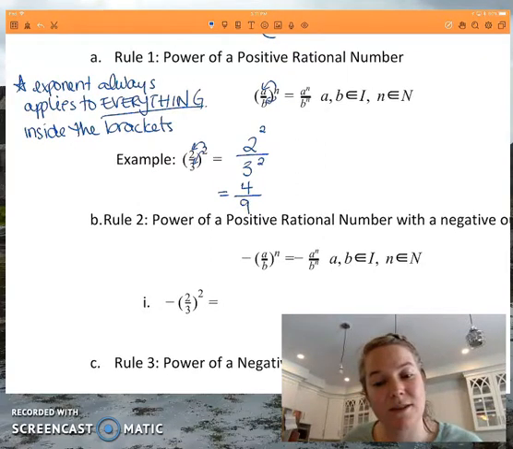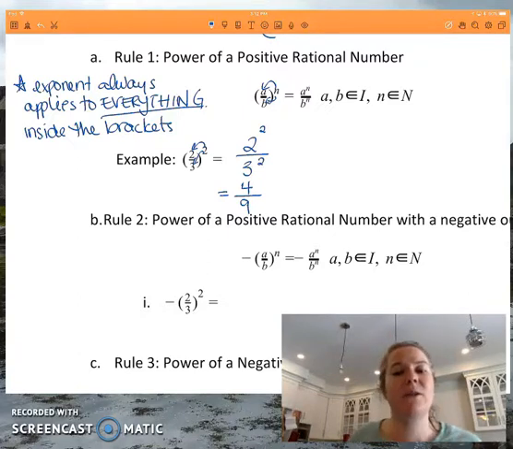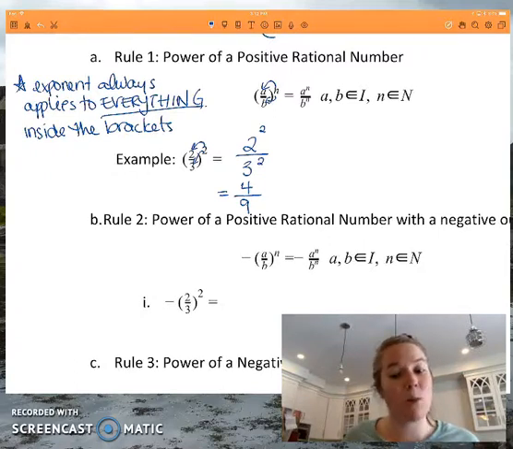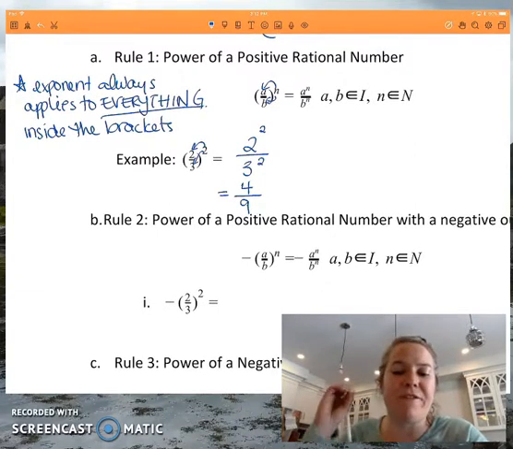So your final answer there is 4 over 9. That cannot be reduced in any way, so 4 over 9 is the final answer. And that goes for all of your rational numbers, your fractions, that have no negatives. You always apply the exponent to the top of your fraction and to the bottom of your fraction the same way.